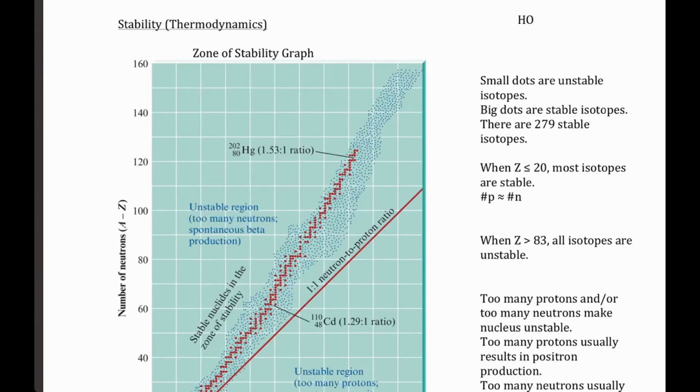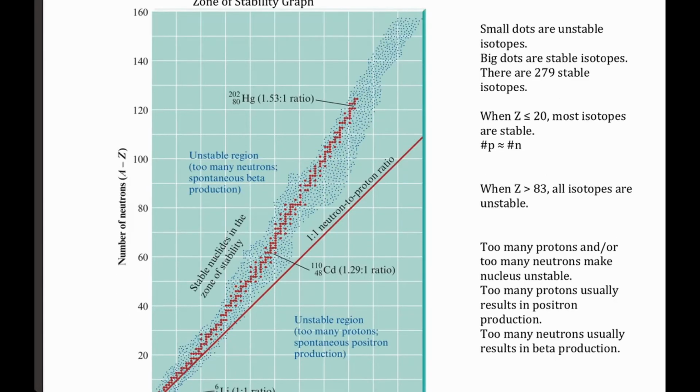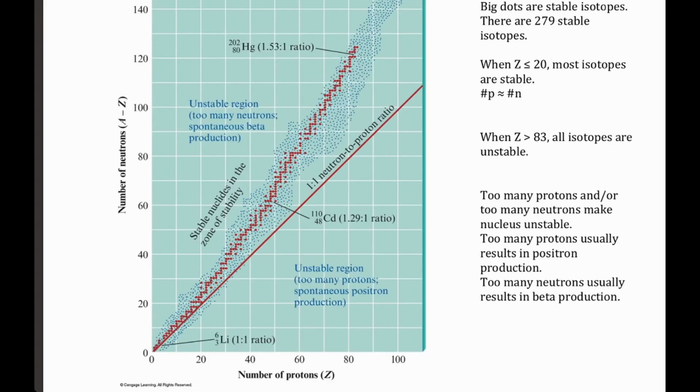Okay, our next topic has to do with stability, which is in the realm of thermodynamics. This graph shows the number of neutrons on the y-axis versus the number of protons on the x-axis.